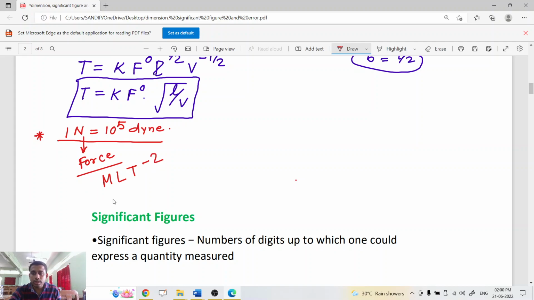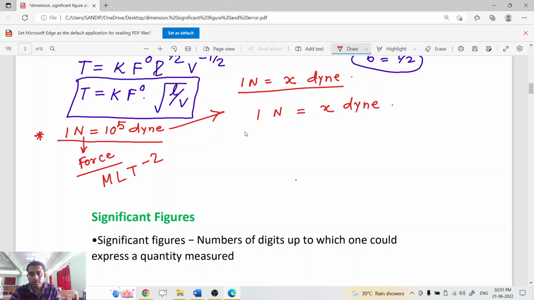Now using the dimension, we can easily find out how much dyne is equal to 1 Newton. So at first we take 1 Newton is equal to x dyne. So find out x.